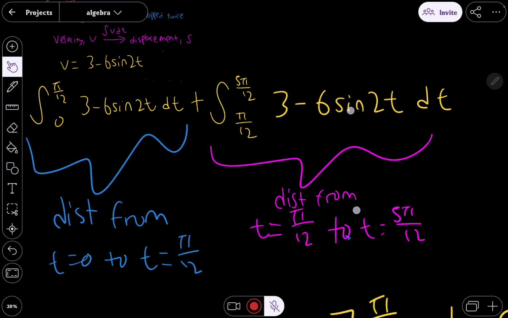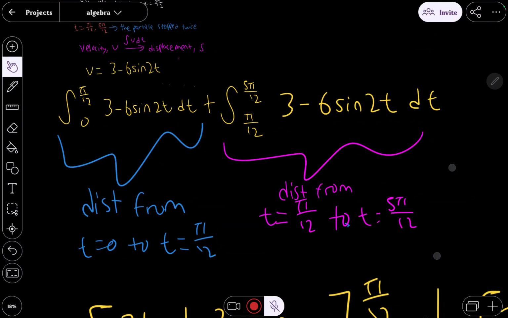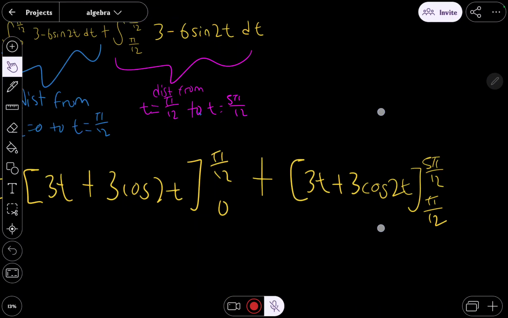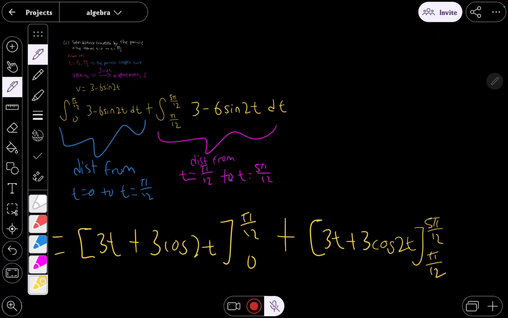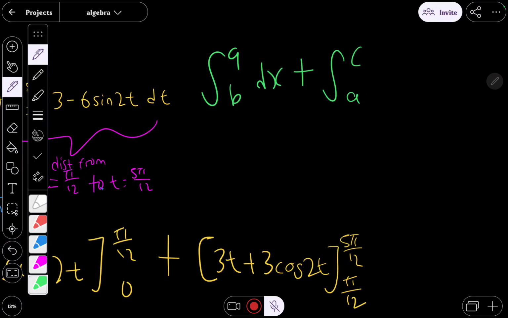This is also the rule: integration of AB with respect to x plus integration of CA with respect to x equals integration of CB with respect to x.